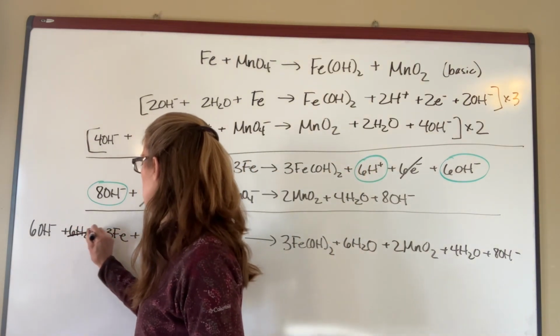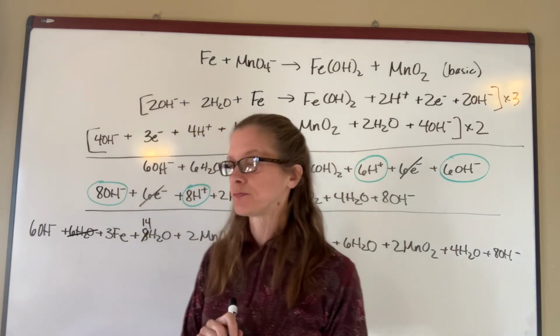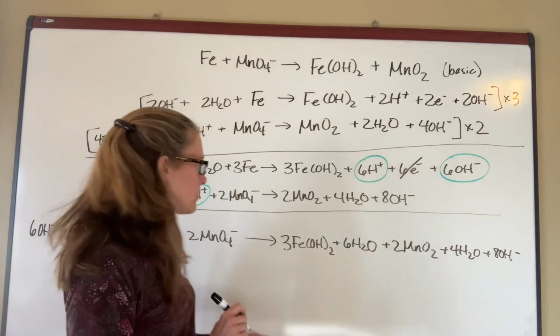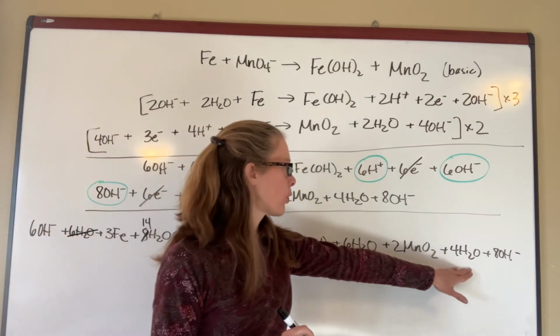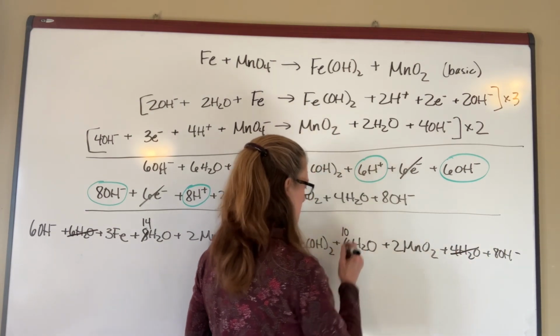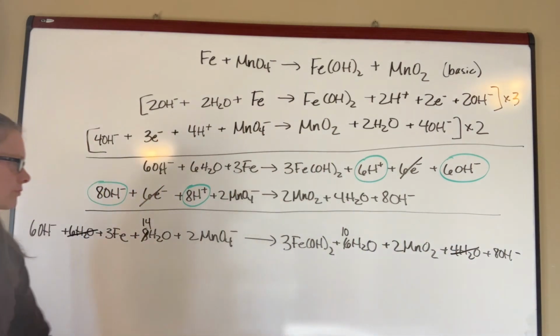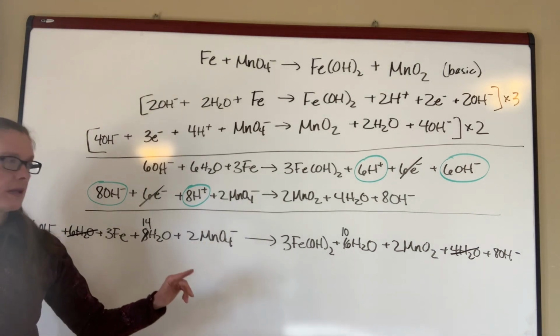So I'm going to get rid of this one. I'm going to change this number to make a 14. On the right-hand side, I have 6 waters and 4 waters, which then are going to add together to make 10 waters.